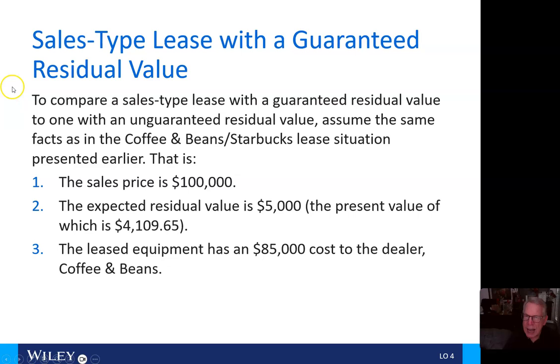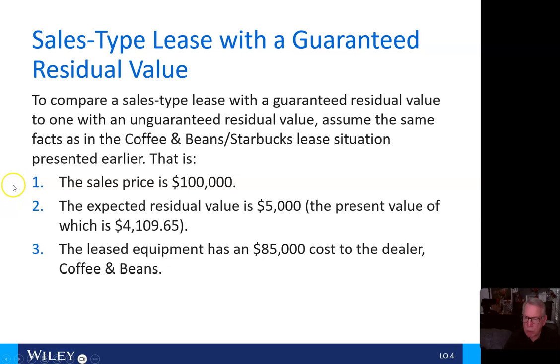Okay, in a sales type lease with a guaranteed residual value, to compare a sales type lease with a guaranteed residual value to one with an unguaranteed residual value, we will assume the same facts as in the coffee and the beans / Starbucks lease situation presented earlier.